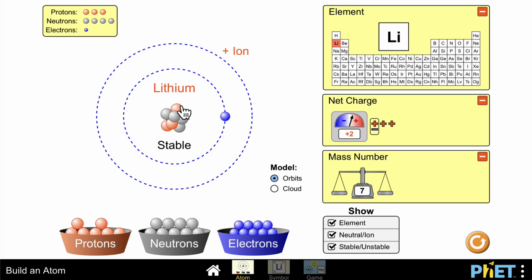This is way stronger than the repulsive force. This is the force that keeps neutrons and protons in the nucleus. So there is a big attraction between neutrons and protons, and this force is much stronger than the force of repulsion between the protons.